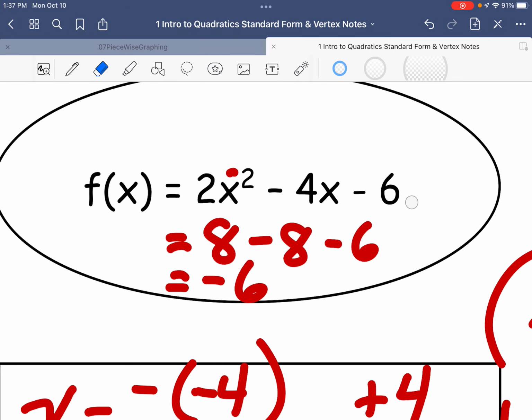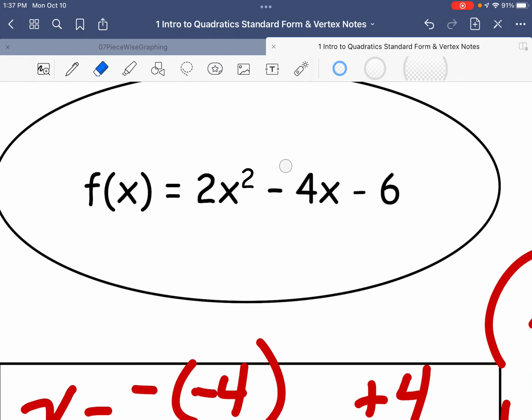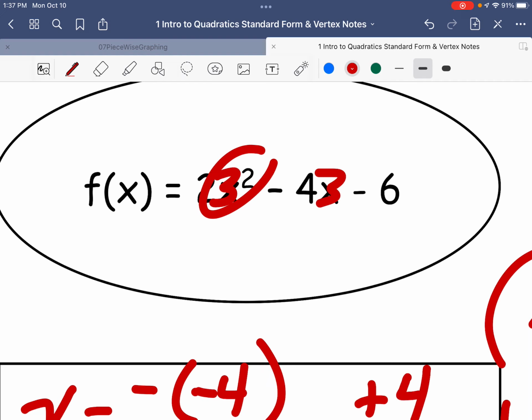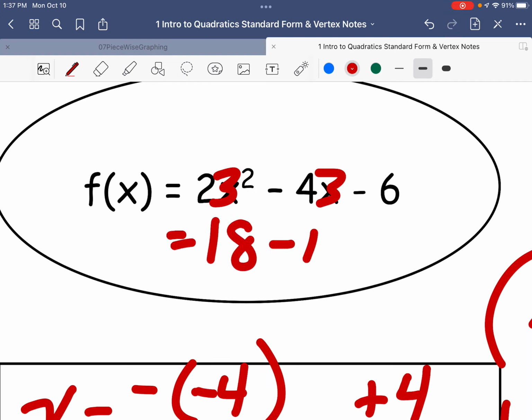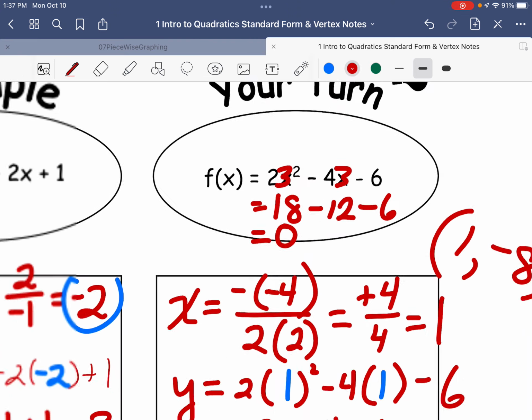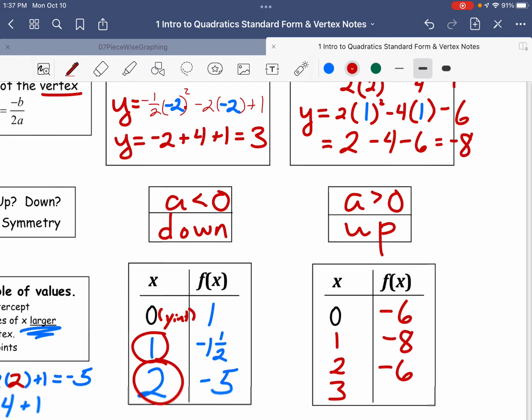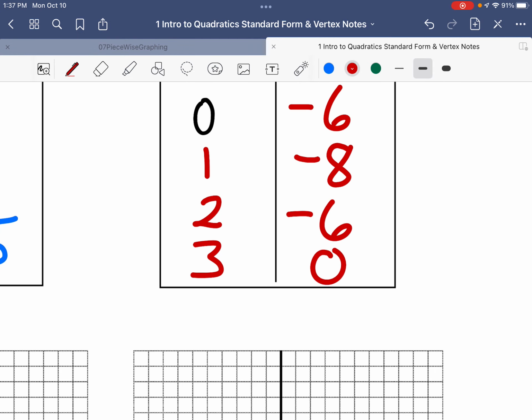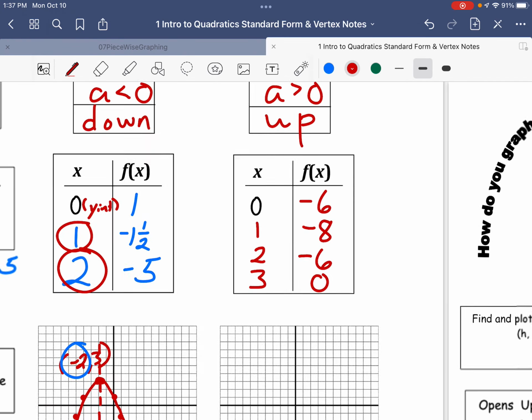What happens when you plug in 3? 3 squared is 9. 9 times 2 is 18. -12 minus 6. And we end up with 0. Okay, now we haven't actually seen that number before, not as a y value, but we end up with y equals 0.